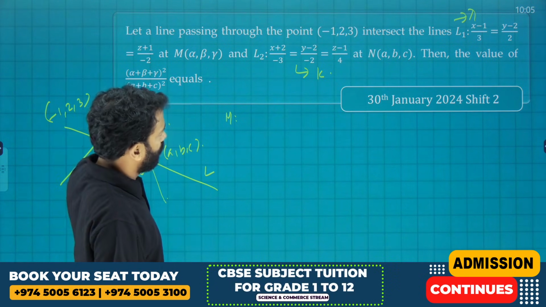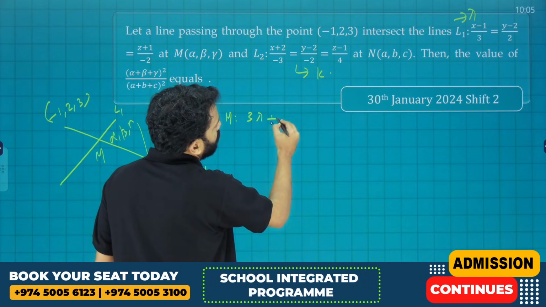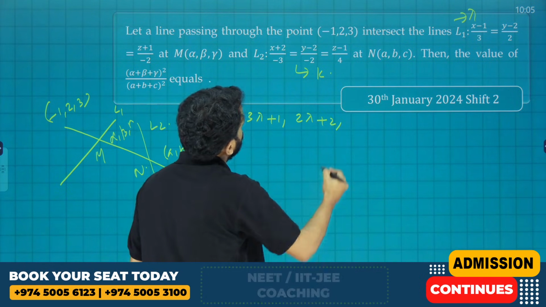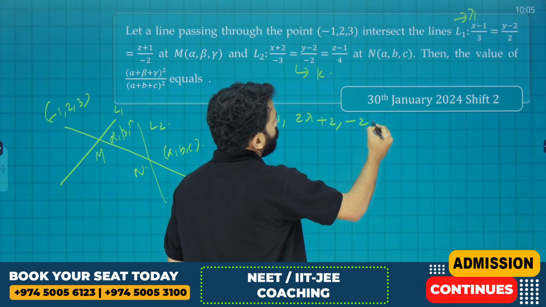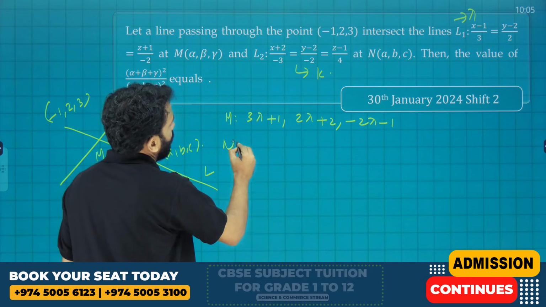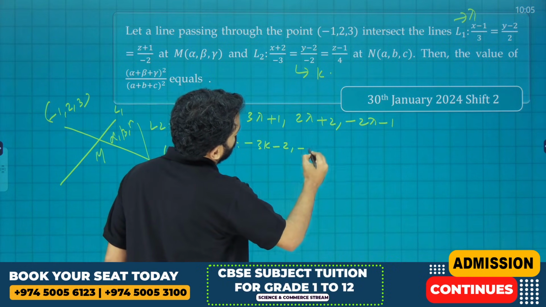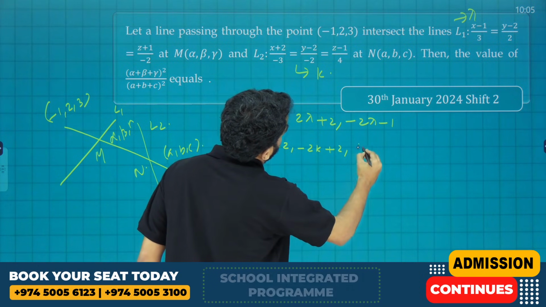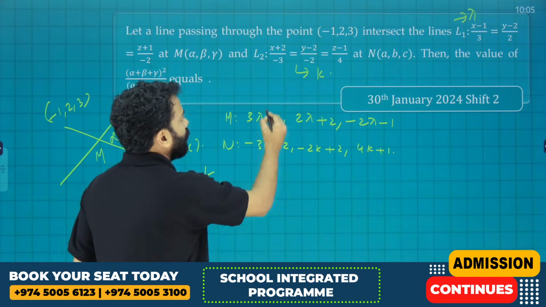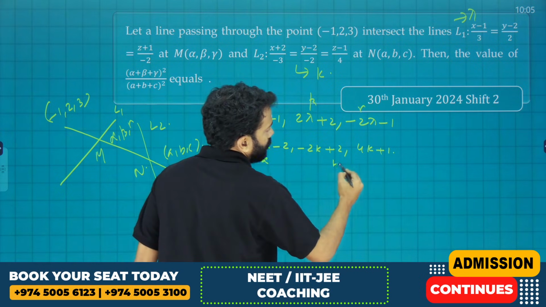Therefore the point M can be taken as 3 lambda plus 1, 2 lambda plus 2 and minus 2 lambda minus 1. And point N can be taken as minus 3k minus 2, minus 2k plus 2 and 4k plus 1. Okay, and this is alpha, beta, gamma, and this is A, B, C.